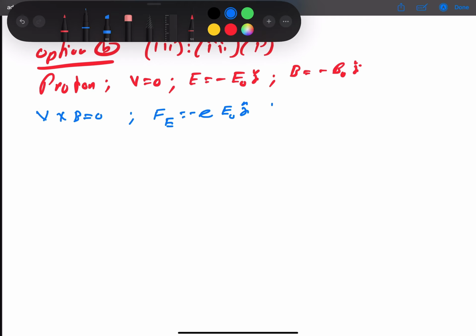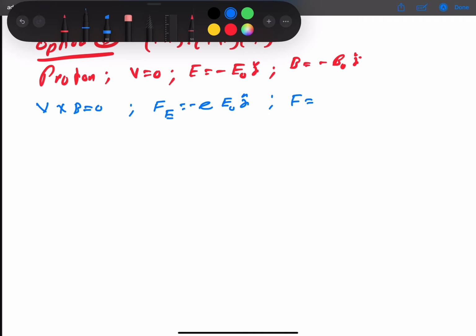and our total force F will be equal to force due to the electric field plus force due to the magnetic field, and the magnetic force is 0. Therefore we can say that the total force F will be minus E E naught X unit vector, which is not equal to 0.